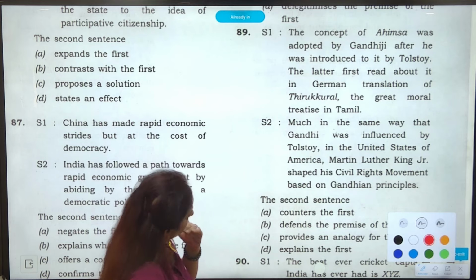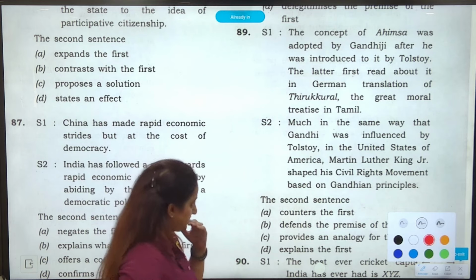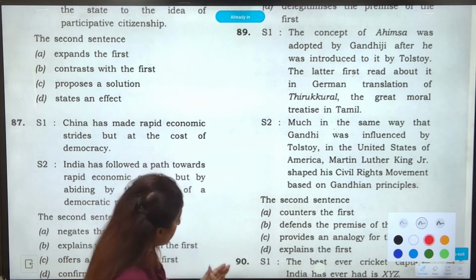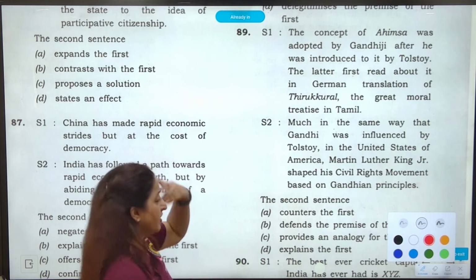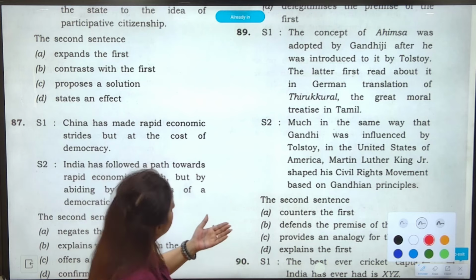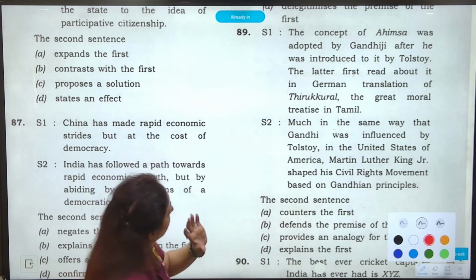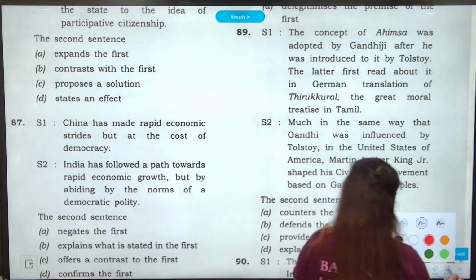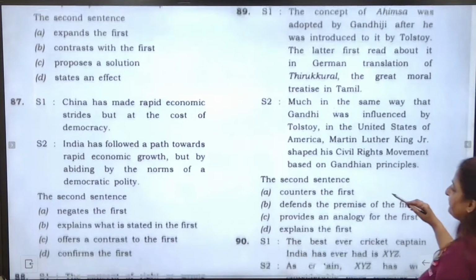Much in the same way that Gandhi was influenced by Tolstoy in the United States of America, Martin Luther King shaped his civil rights movement based on Gandhian principles. All right. So basically जिस तरह से गांधी टॉल्स्टॉय से इंस्पायर्ड था, मार्टिन लूथर गांधी से. All right. Broadly यही है ना.